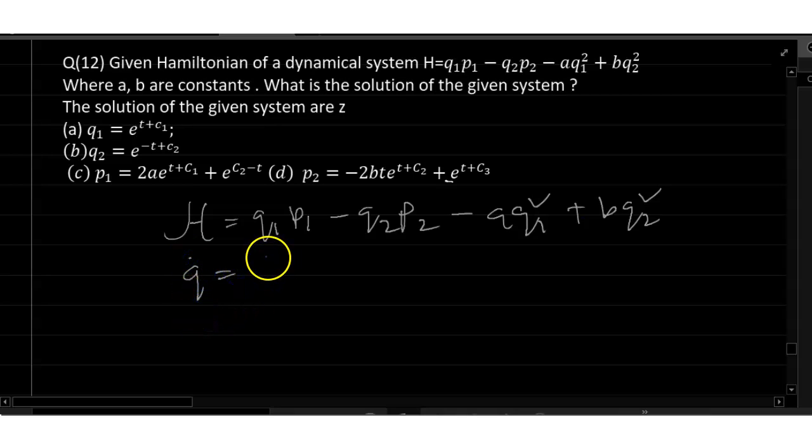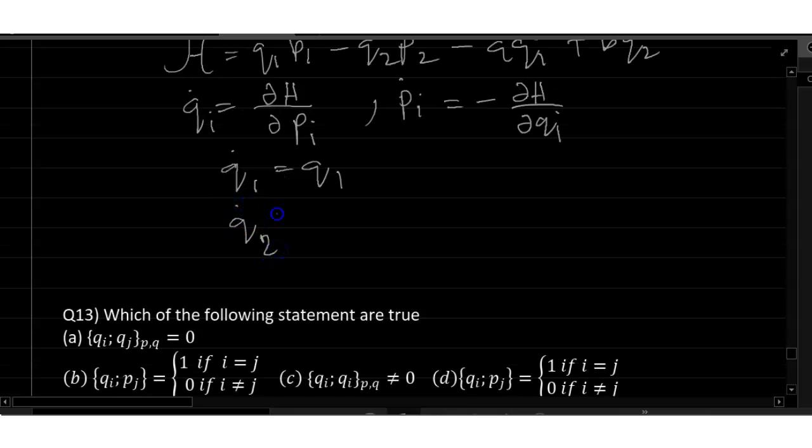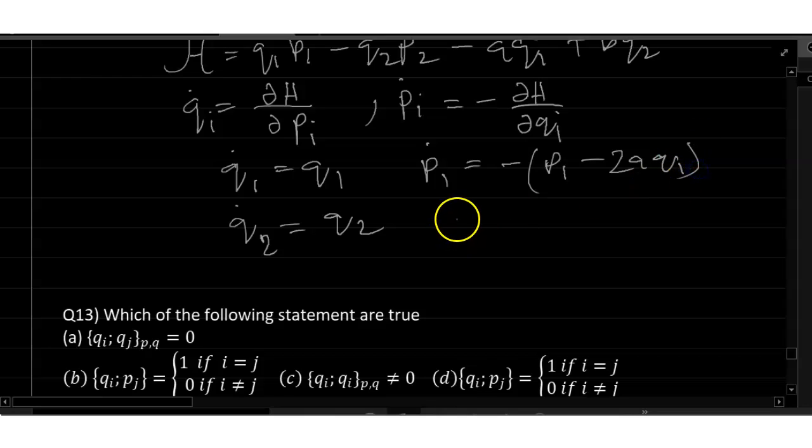Q dot i is equal to del H by del Pi, and P dot i equals minus del H by del Qi. So Q1 dot is equal to minus P1, and P1 dot equals minus P1 minus 2A Q1, and P2 dot equals minus P2 minus 2B Q2.